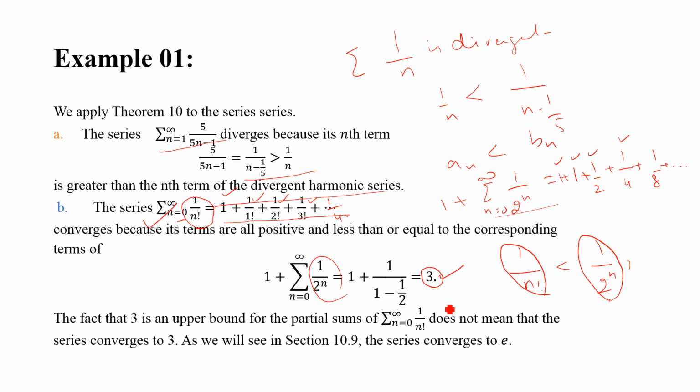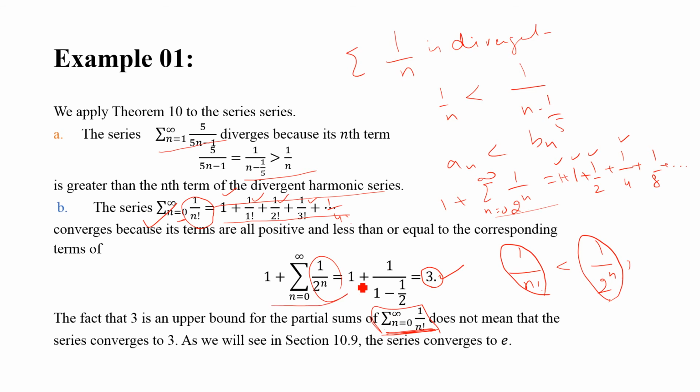And do not forget that this does not mean that the sum of this series is equal to 3, or that this series converges to 3. This is not the case. We just conclude that this series is convergent.